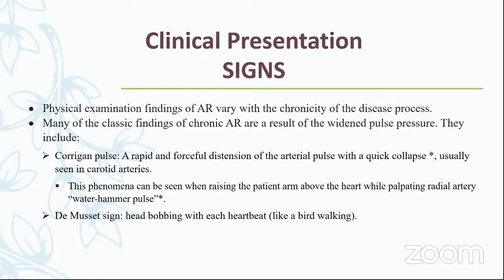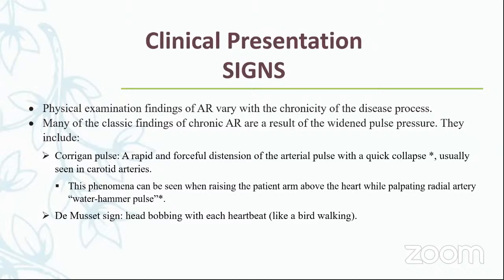The signs of AR, the physical examination findings, vary with the chronicity of the disease process. Many of the signs, as we said, result from the wide pulse pressure. This can include what is called the Corrigan pulse, which is a rapid and forceful distension of the arterial pulse with a quick collapse, usually seen in the carotid arteries.